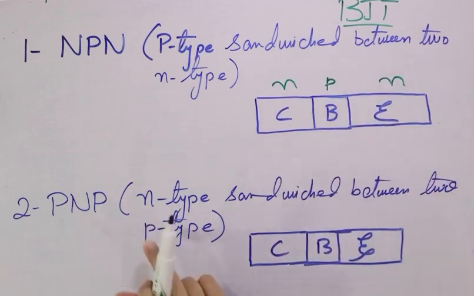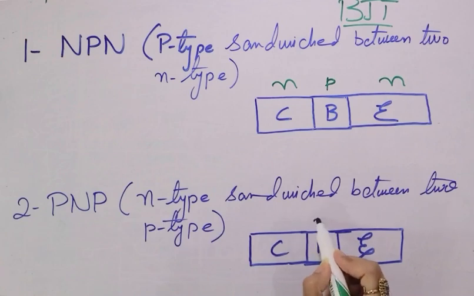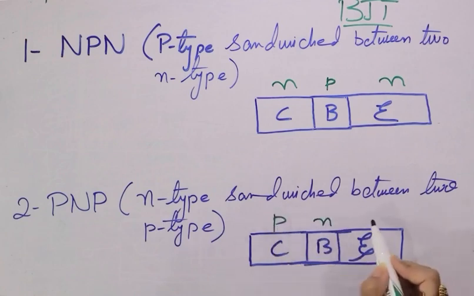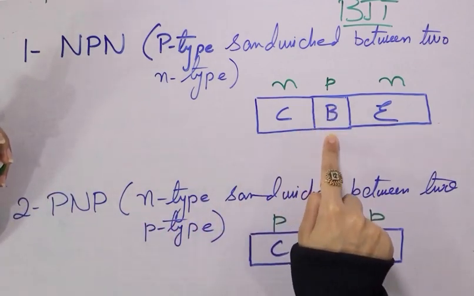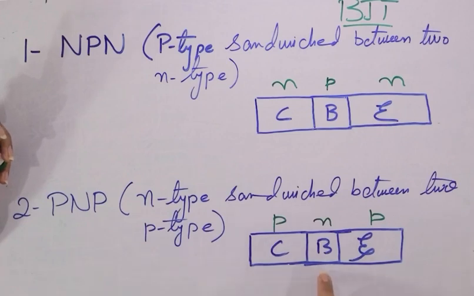For PNP, the center one is your N type, this is your P type, and this is your P type. So base is always in the middle and either of the two ends is emitter or collector. For NPN, P in the center means base, and in PNP, N is the base.